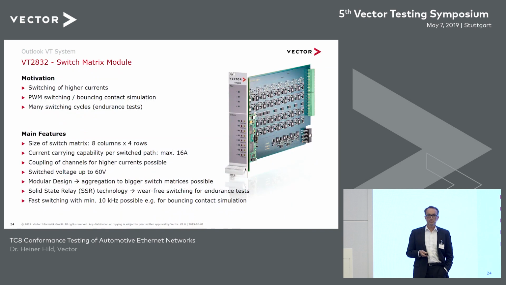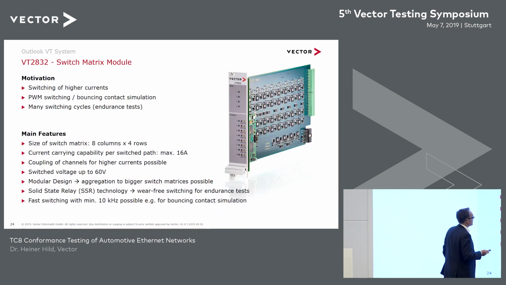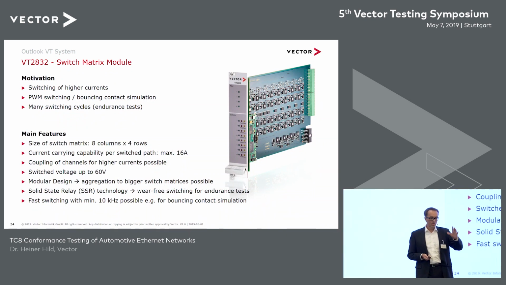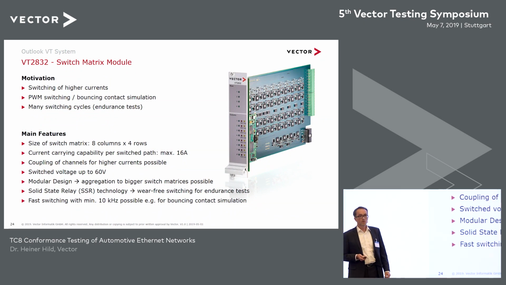It will be capable of doing 60 volts. That was mentioned several times before today. We face that topic. 48-volt onboard networks require 60-volt capacity for the modules. It will be able to switch with up to 10 kilohertz, which is sufficient for bouncing contact simulation. And per path, it will be able to switch 16 amps.